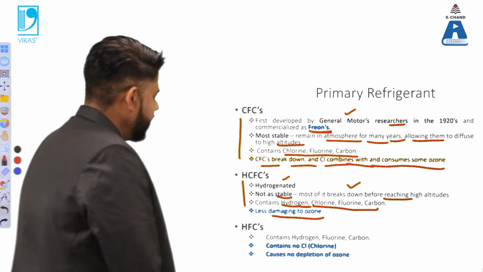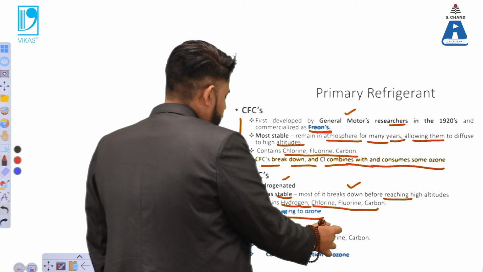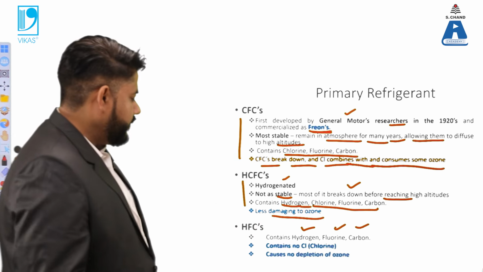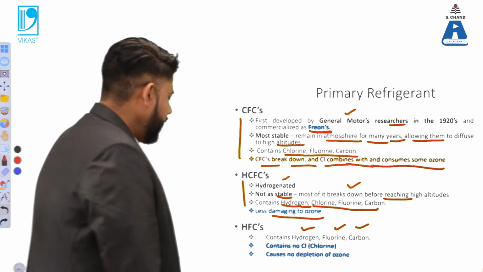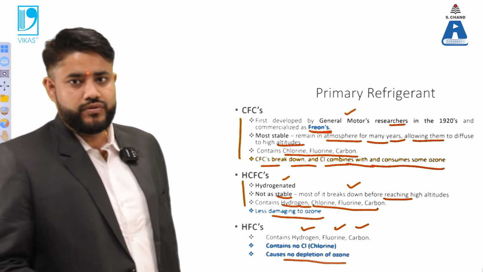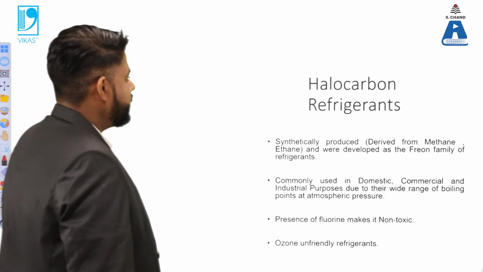And HFCs do not have chlorine in them, they only have hydrogen, fluorine and carbon, so they do not have any chlorine content and they do not deplete ozone. So these are the categories of the primary refrigerant.